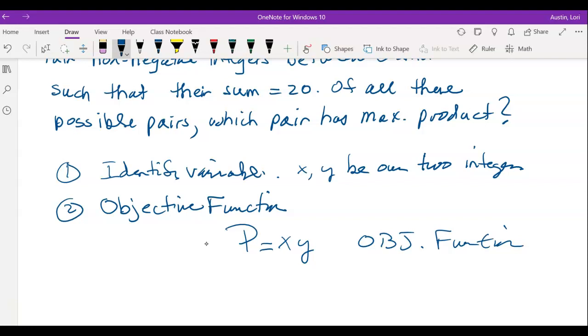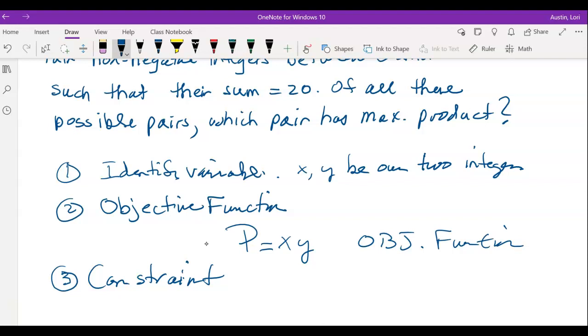Now, because we're dealing with two variables, we have some constraints. All of these problems are going to have some kind of a constraint. In this case, we have a constraint on our variables. Can someone tell me what that constraint on our variables is?